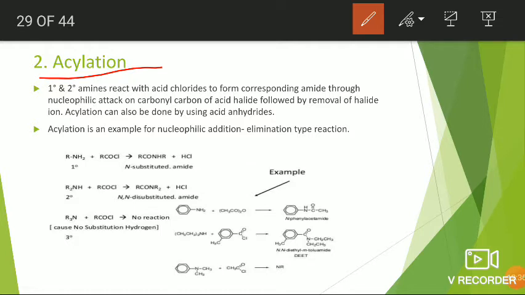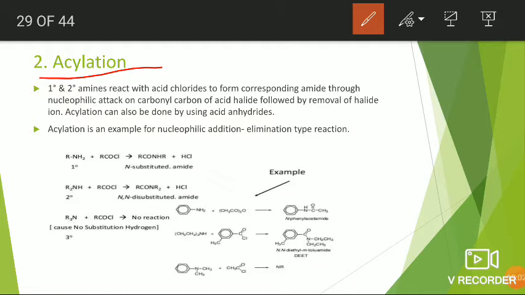Acylation is generally carried out using acylating agents. The main acylating agents are acyl halides, that is acid halides, as well as acid anhydrides. Acid anhydrides and acid halides are the best acylating agents used for acylation of specific molecules.